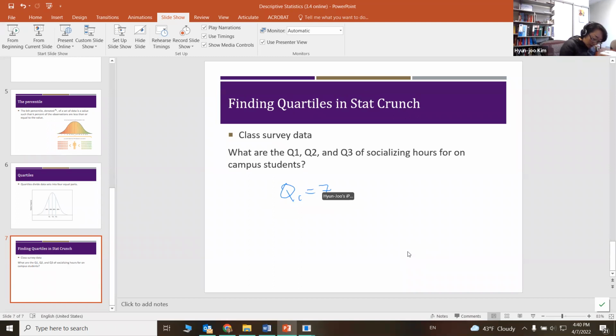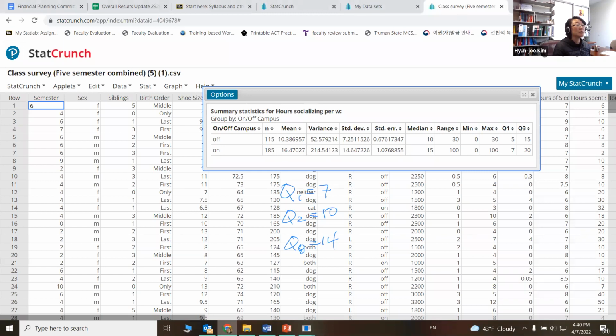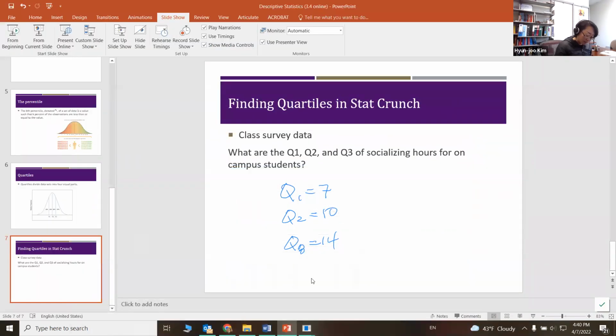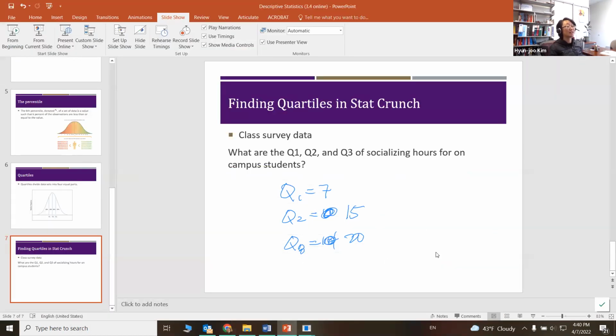Q1 is 7, Q2 is 15, Q3 is 20. Okay, those are the values for Q1, Q2, Q3 of socializing hours for on-campus students.